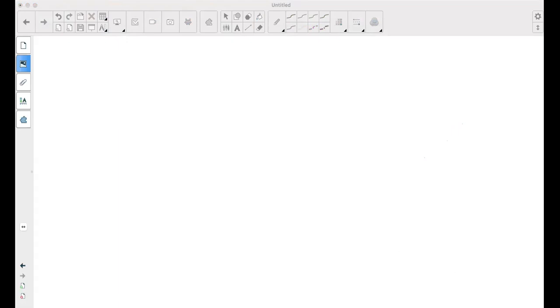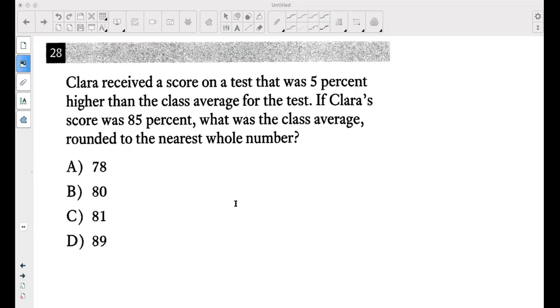Okay, here it goes. So this question is number 28 from homework number 1 from last week. Let's look at it. Clara received a score on a test that was 5% higher than the class average for the test.